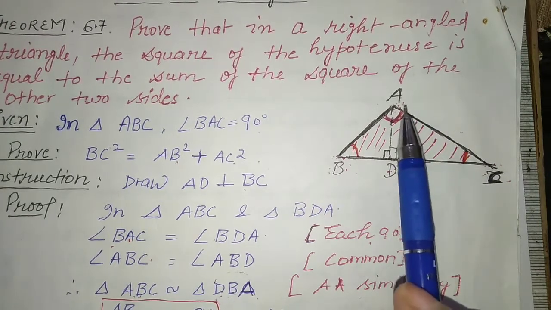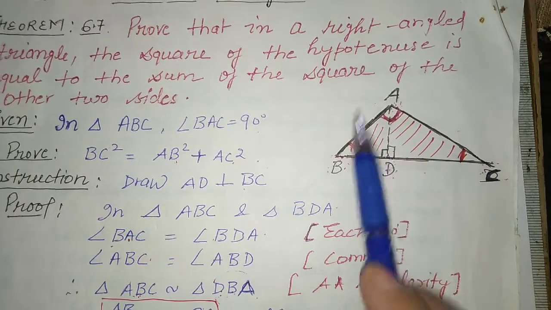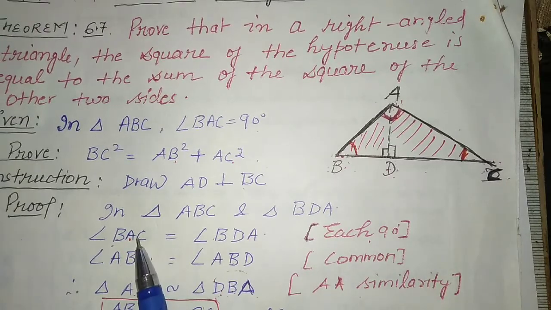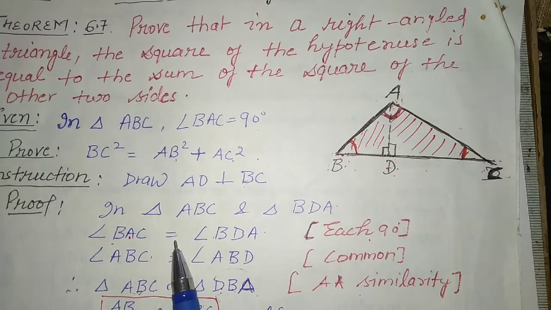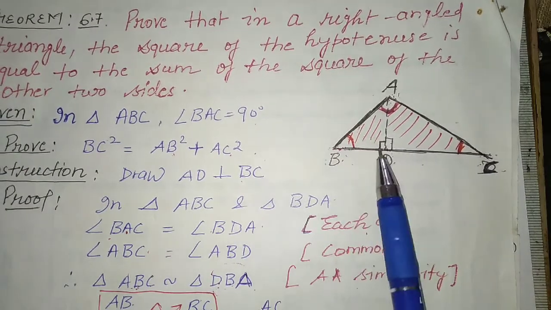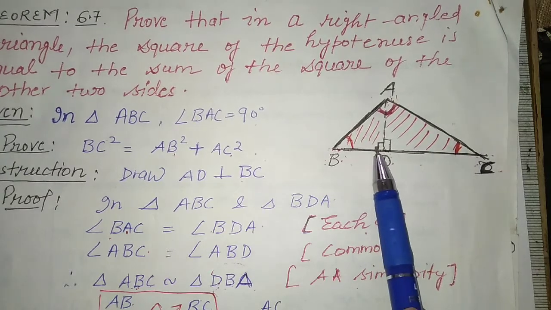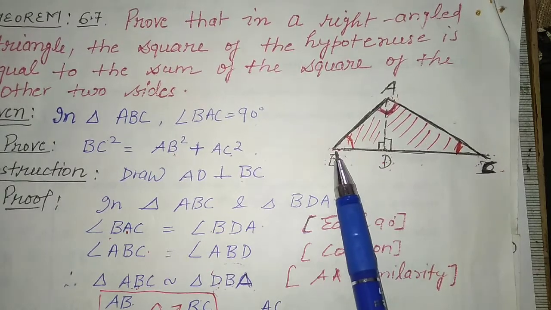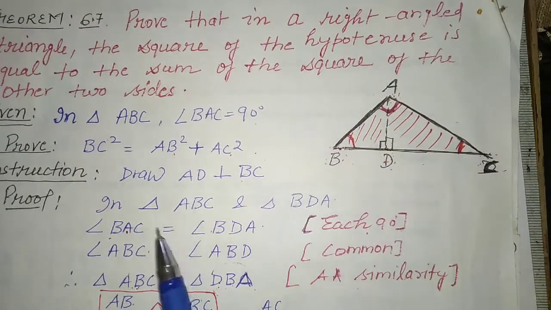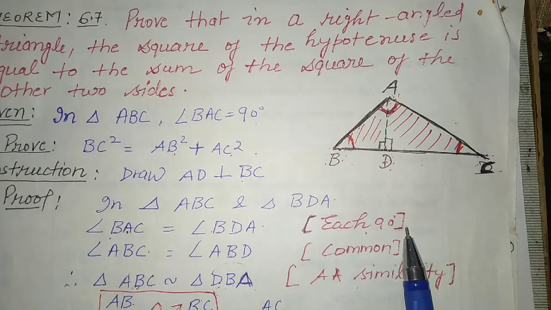In triangle ABC, angle A is 90, so we have written angle BAC is equal to, in this triangle BDA, angle D is 90. So angle BAC is equal to angle BDA, that is, each is 90.